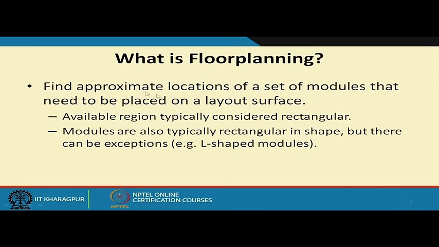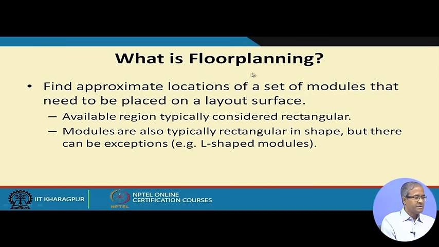So, once we do this kind of partitioning, floor planning, we are going for something like a divide and conquer approach. We are reducing the complexity of the problem to a great extent by splitting it into simpler sub problems and then handling them one by one independently. So, you can say floor planning concerns finding the approximate locations of the modules on the layout surface.